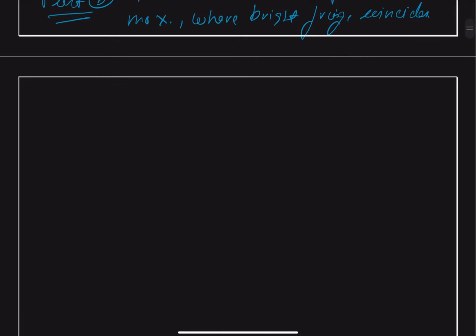It means the condition for coincidence for both the wavelengths. So we have two wavelengths, let us call them lambda 1 and lambda 2. So we can just use the formula directly.